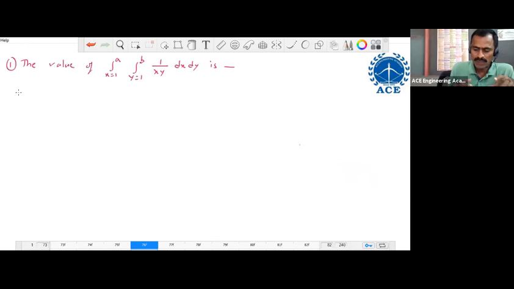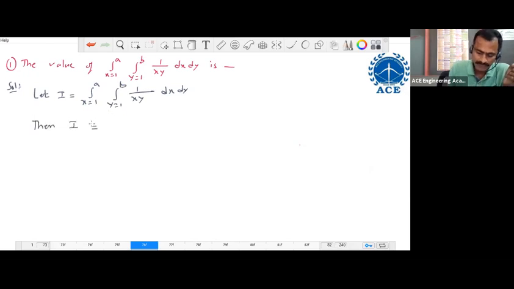Let us write all the possibilities. Out of all the possibilities, we choose the simple possibility for writing the value of the integral. Let I equal to integral x equal to 1 to a, integral y equal to 1 to b, 1 by xy dx dy. It is the given integral. Then we write all possibilities.